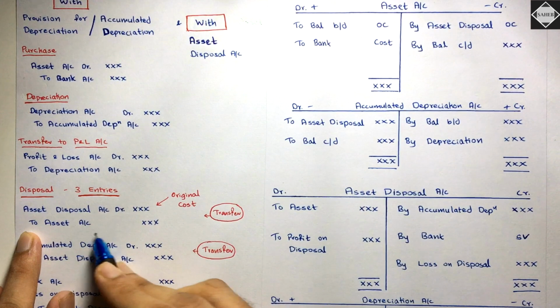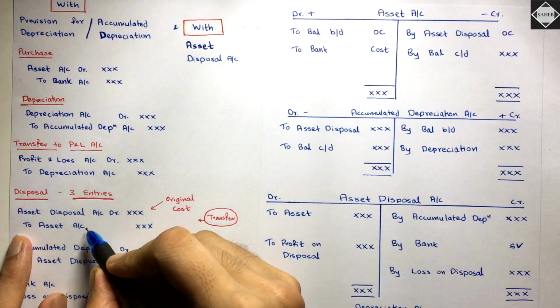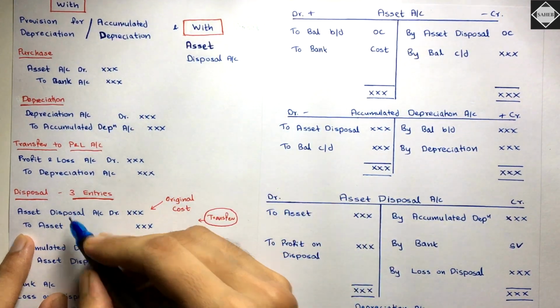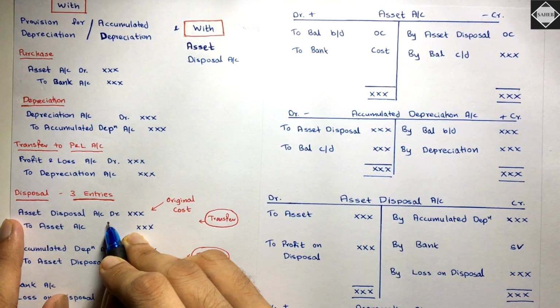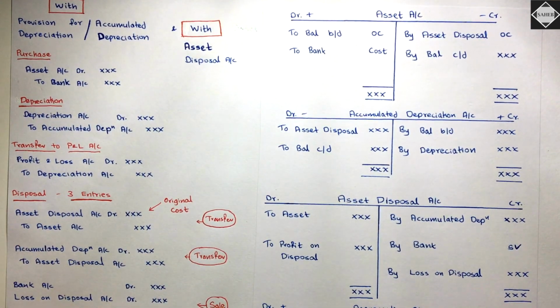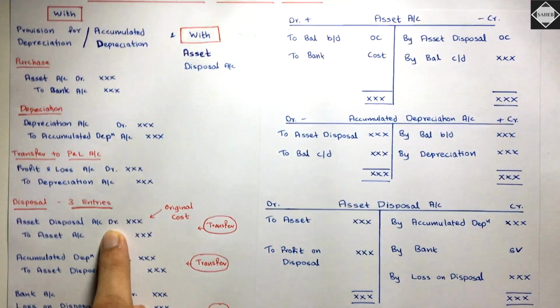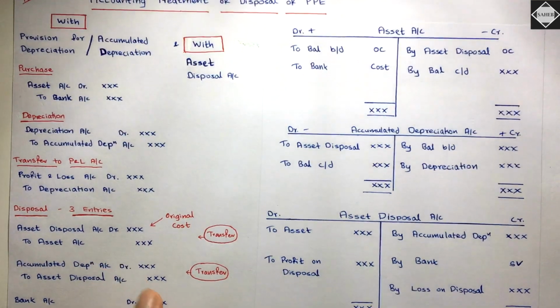Once you understand the logic of this, you will credit the asset account. Then understand, an entry cannot be one-sided. There should be a debit, and that debit should be the asset disposal account. Is it clear? This is the logic. Fine. So the asset disposal account came into existence with a debit. It didn't used to exist before. Today, let's just say you have sold one asset of 1 lakh.